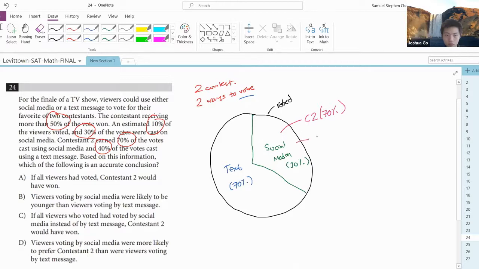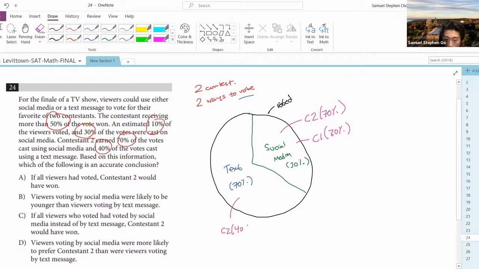I could also tell you contestant 1 got 30% of these. Again, that's of the green portion of the social media. Likewise, 40% of the votes cast using text message, we can say contestant 2 got 40% of these in the blue, and contestant 1 has 60%. Again, everything adding to 100 here.